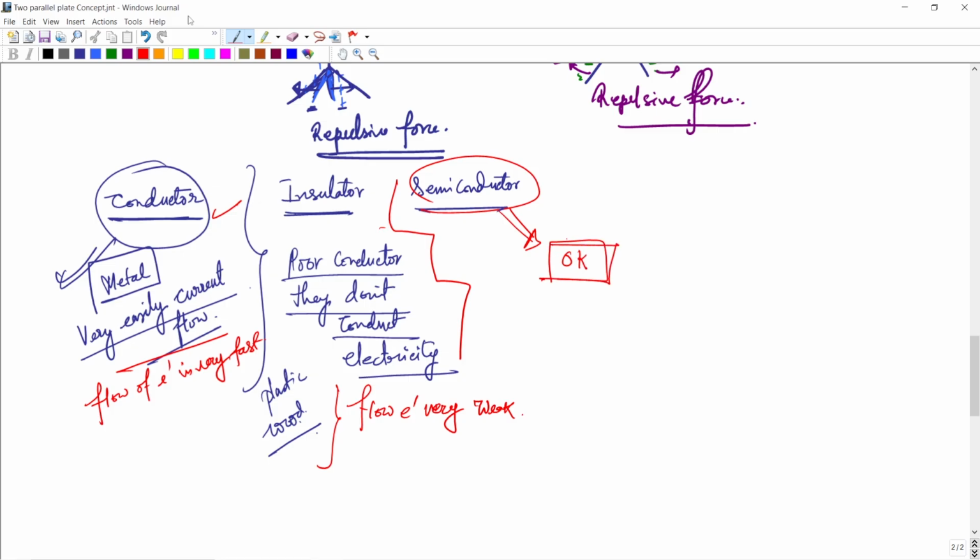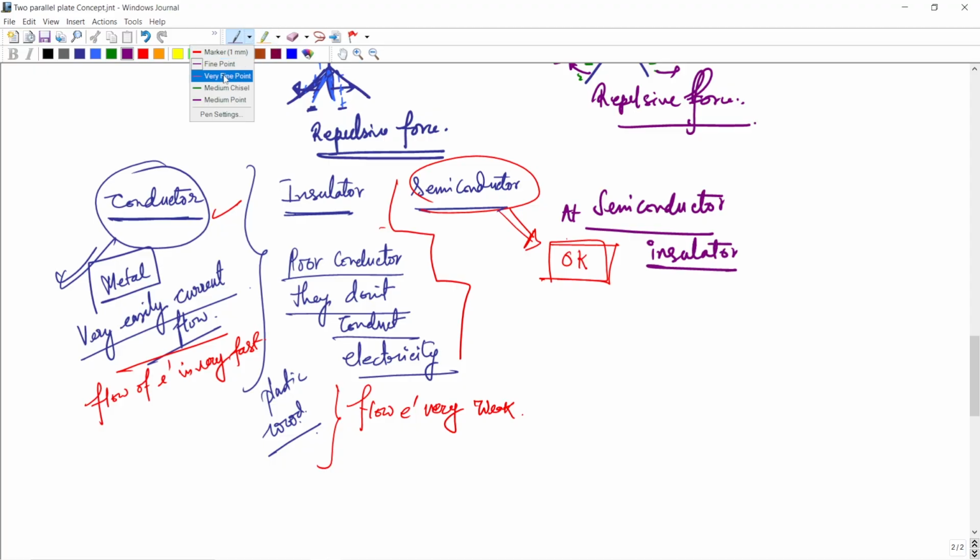At greater than 0 Kelvin, obviously the semiconductor behaves as a good conductor.